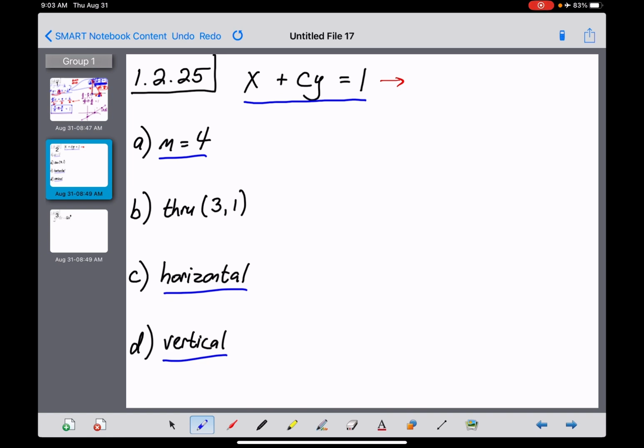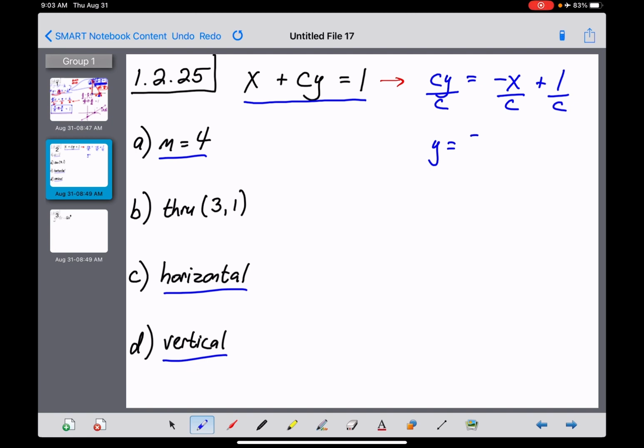So I'm going to solve this equation for y by bringing the x to the other side, and we'll get cy is equal to 1 minus x. Most of us would probably like that better as a negative x plus 1. And then we're going to divide every single term here by c. And we're going to get y is equal to, okay, not a whole lot going on right here.